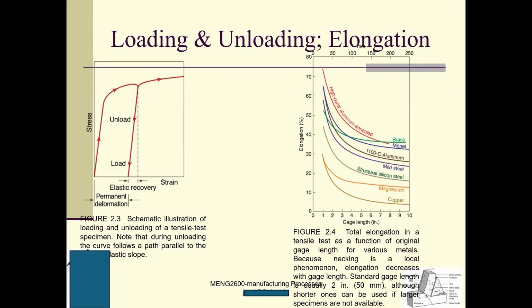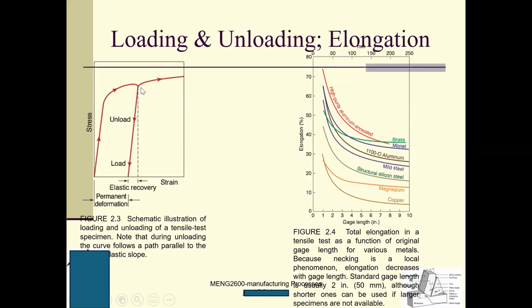After you remove the load completely and then apply the load again, your specimen is going to begin from this point along these paths, instead of from the origin again. When we compare this straight line and this straight line, this is our initial yield strength, and this is our new yield strength.